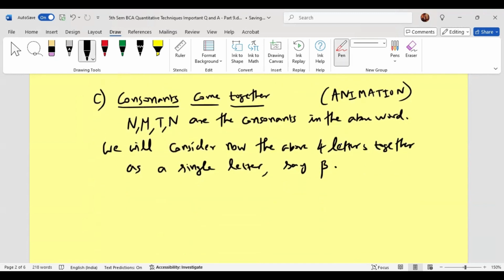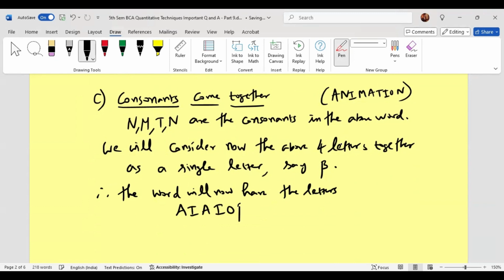So therefore, the word will now have the letters A, I, A, I, O, and then this beta. So whatever I wrote, these are apart from the consonants. A is one, I is another one, then A is again coming, then I will come, O will come. That is 6 letters.